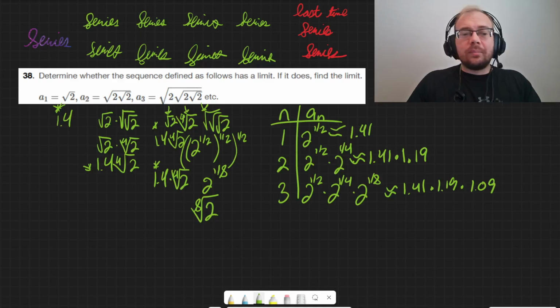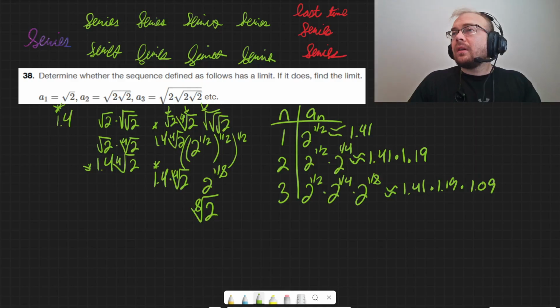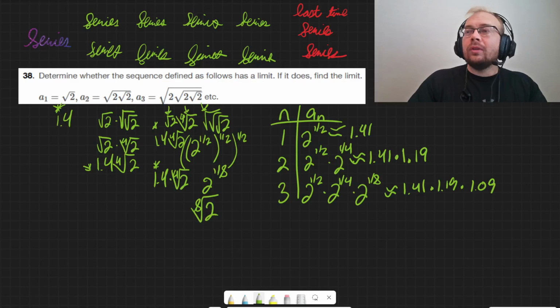We're going pretty quickly here. It would be 2 to the 1 over 16th power, 1.04, okay, and then 32 would be next, 1.02, then we'd have 64 next, 1.01. So you can tell that it's eventually getting to timesing by 1.